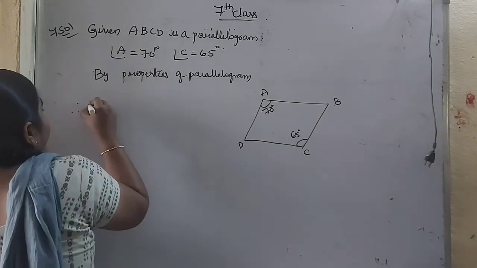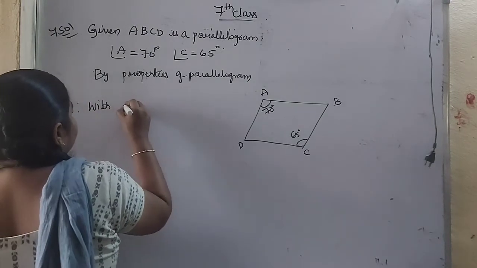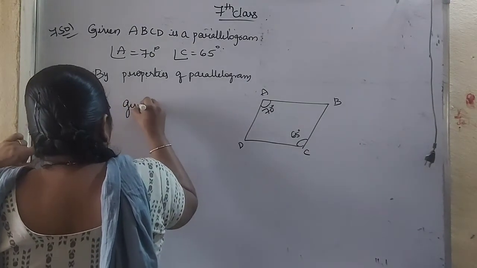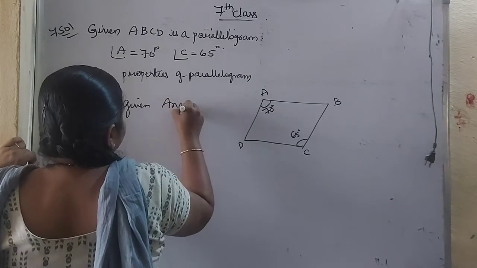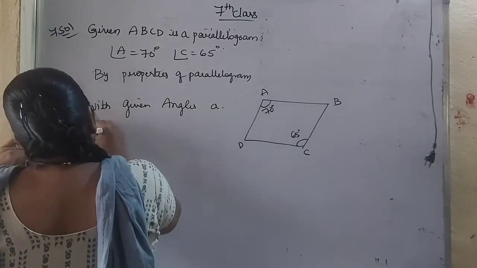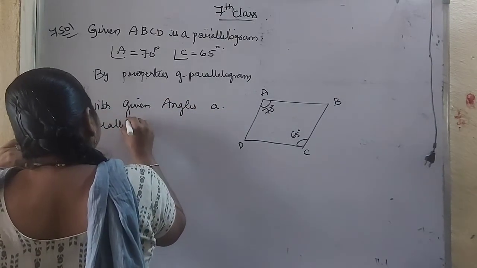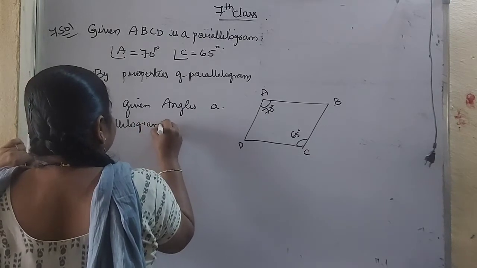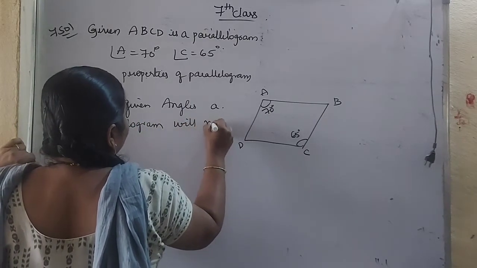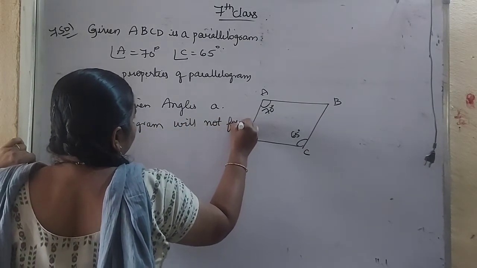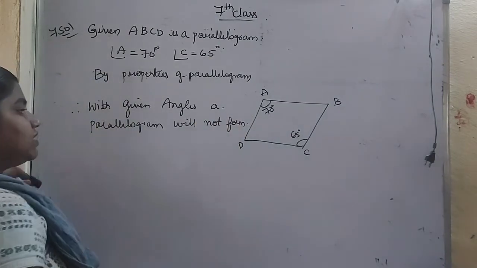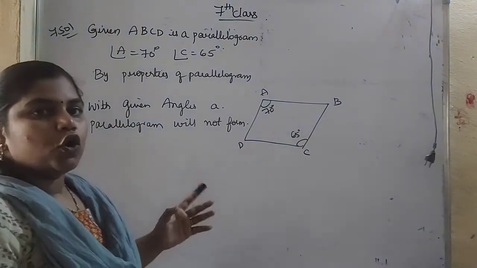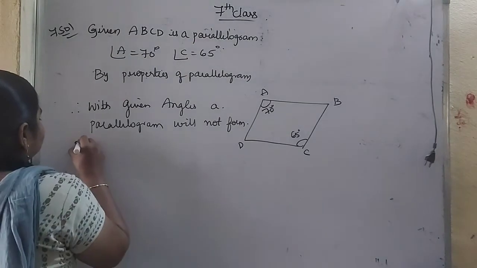So therefore, with the given angles, a parallelogram will not form, because here the opposite angles are not equal.